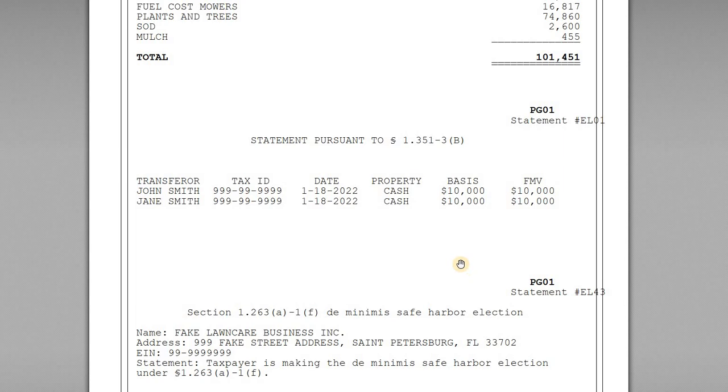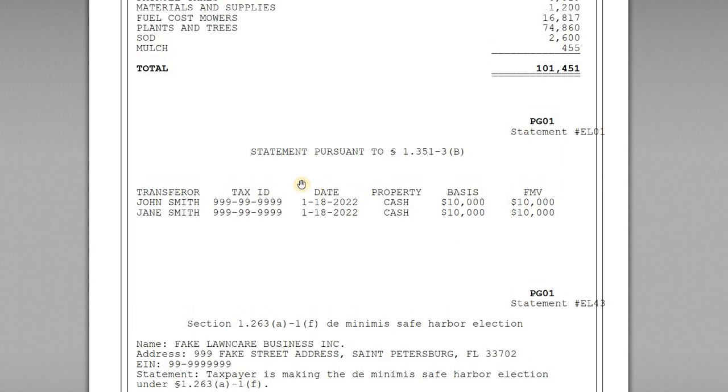Well, a Section 351 statement is generally required when a shareholder transfers property to a corporation in exchange for stock. Now, under 351, it's generally a non-recognition event. It means that there's no tax liability or taxable inclusion whatsoever for both the company and the shareholder, but you have to attach a statement to that effect. And so this is a very simple 351 statement.